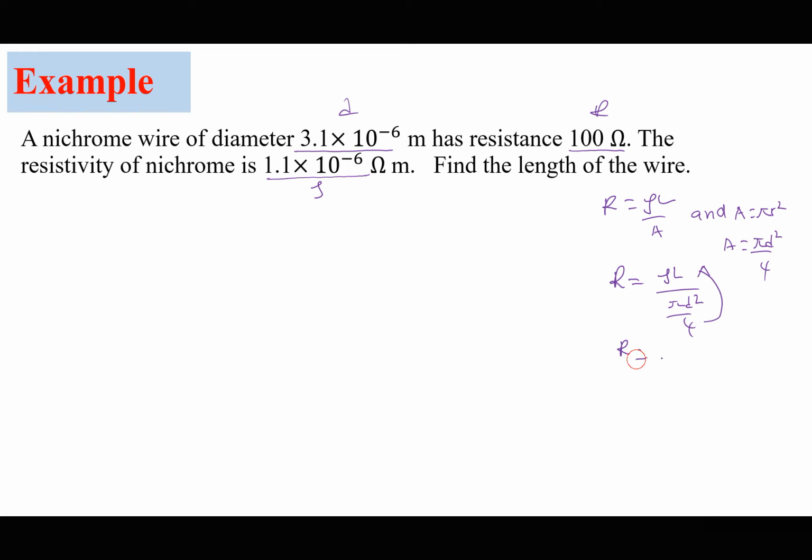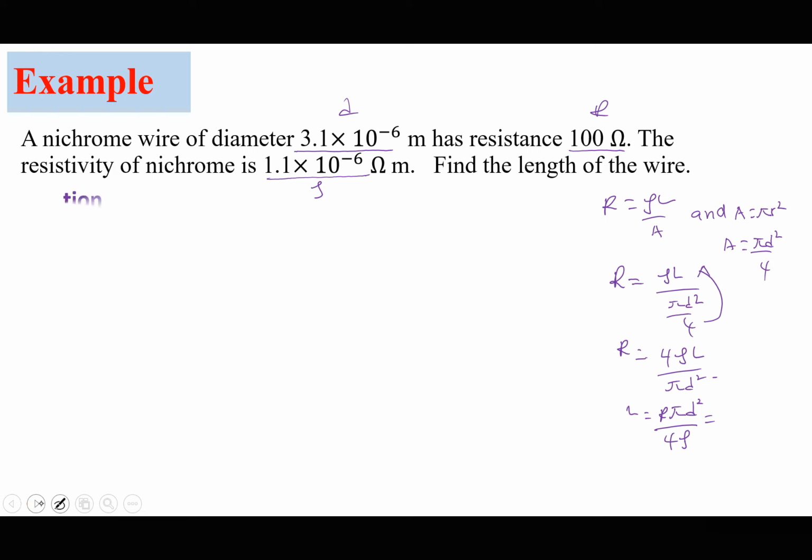So resistance is going to be 4 rho L over pi d squared. I want to find L. I can make L the subject, so L can be R times pi d squared divided by 4 times rho. So I can now substitute in that equation to find the length L.